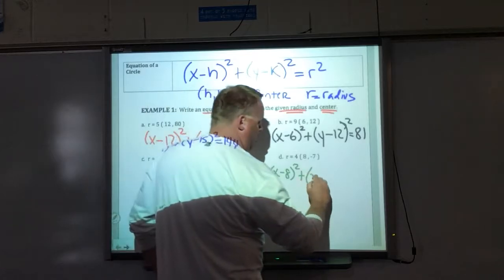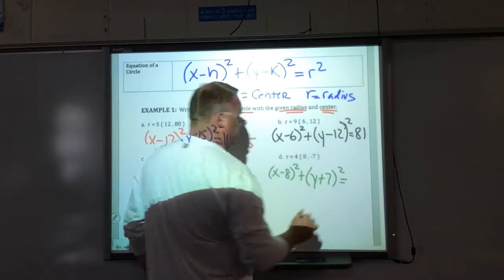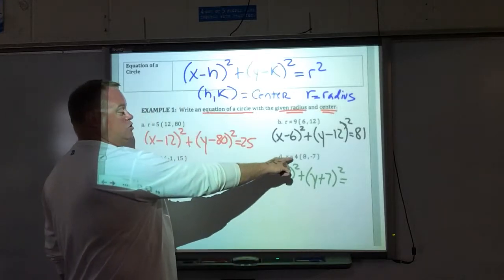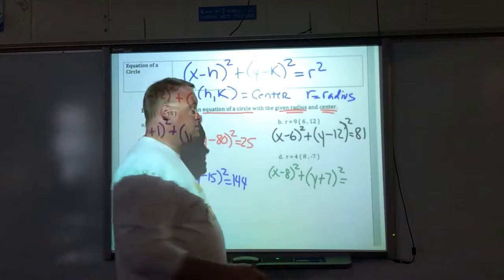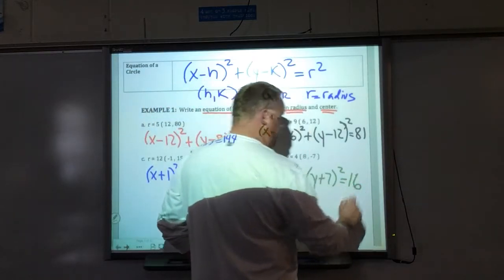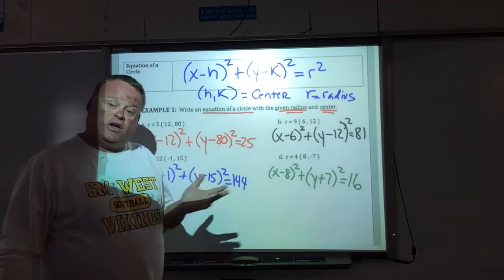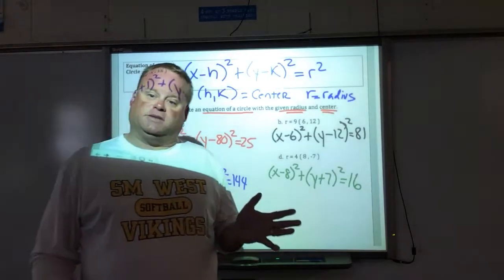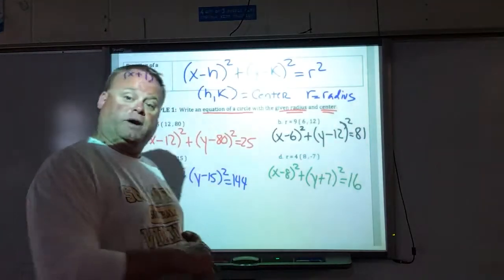So this is going to be (y plus 7) squared, and it must be equal to my radius squared. My radius is 4, so 4 times 4 is 16. All right. Remember, if I go too fast for you, just pause it, do your work, catch up, take your time, okay?